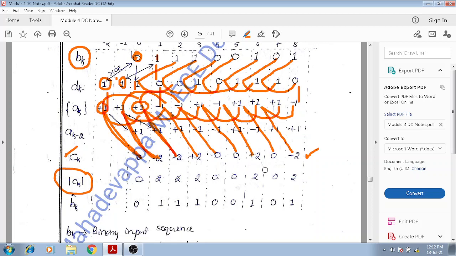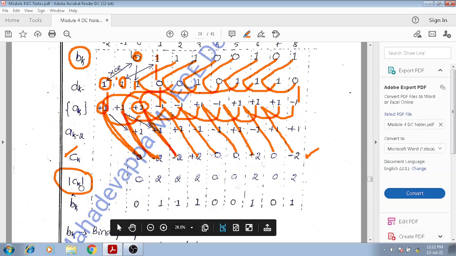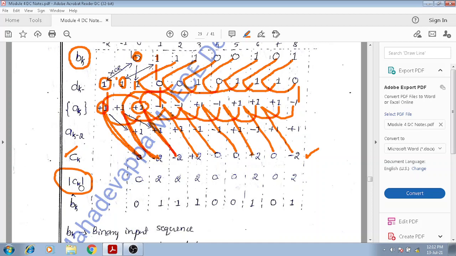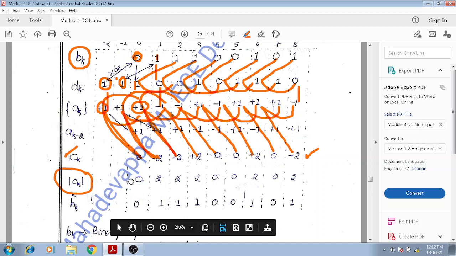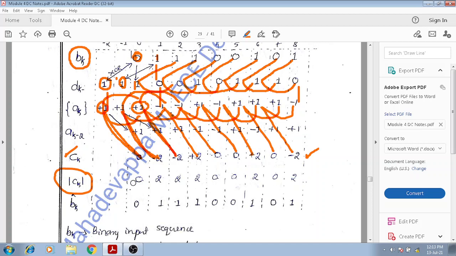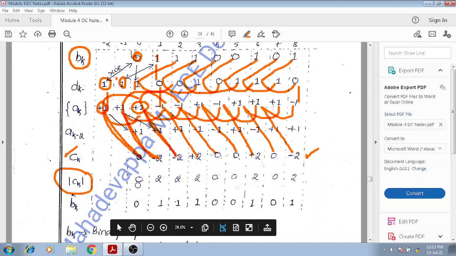So you consider only the positive values. Next, the decision device is used. It will make a decision with respect to a threshold value. If the given Ck value is greater than the threshold, then the output is 1. If it is less, then the output is 0.